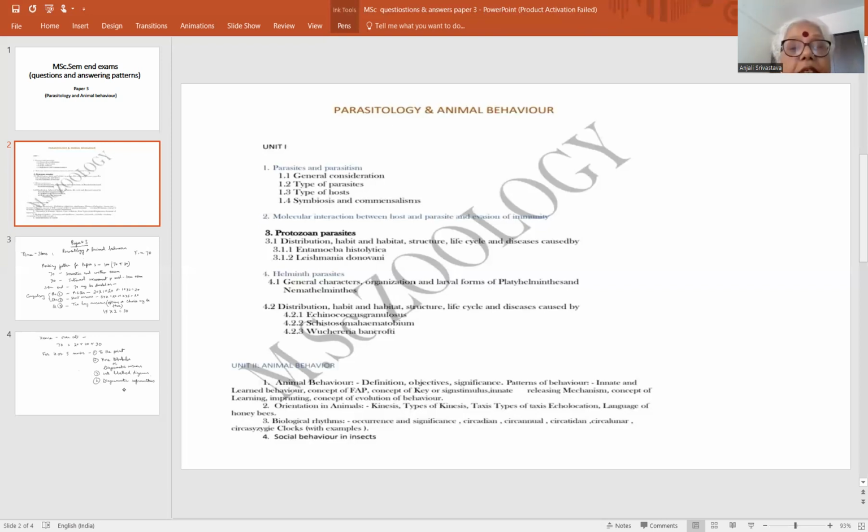So you can always expect the short questions of habit and habitat of protozoan parasites, structure and life cycle of any protozoan parasite. Of course, here when the names have been mentioned, so it is most expected कि ज़्यादा इस पे ही आएगा, Entamoeba histolytica and Leishmania donovani.